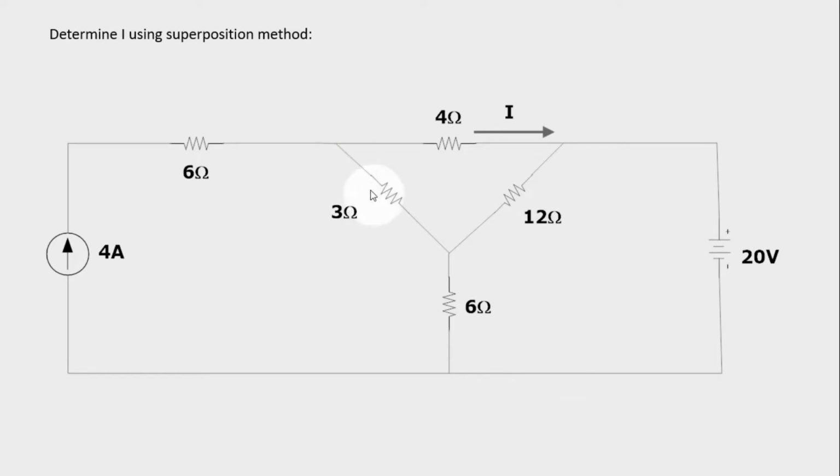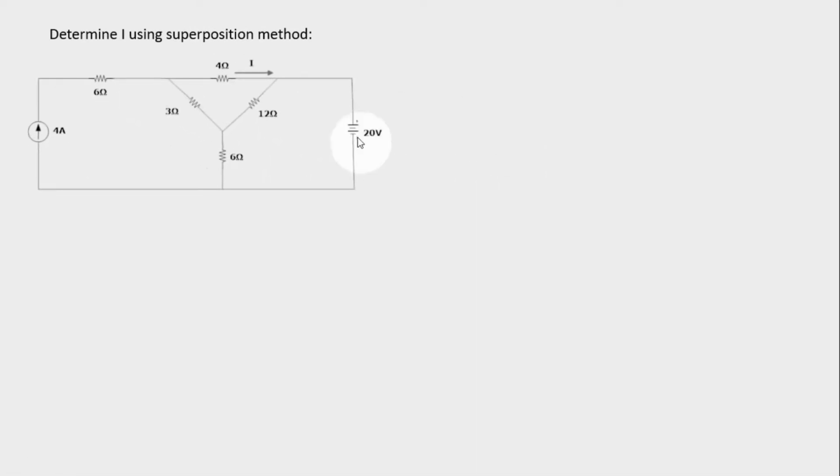Let us again solve this circuit and find I by using the superposition method. Okay, so let us first get the first auxiliary current in parallel with this I, the one that we are solving for.